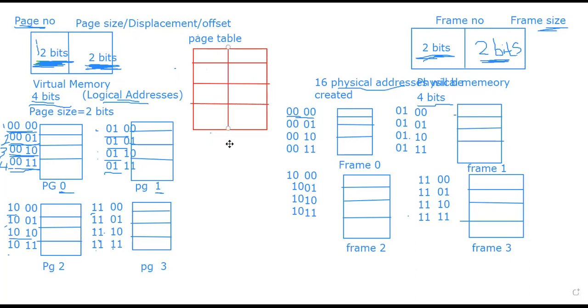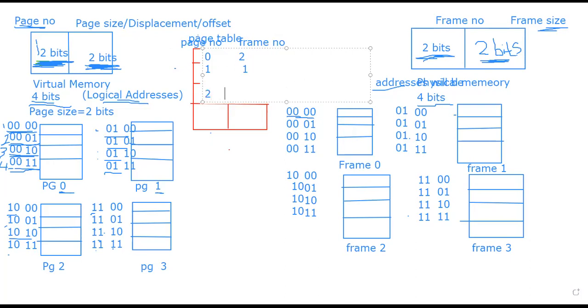Here we have the page number, and on the other side the frame number. Then we know which page number is mapped with which frame. So page 0 is mapped with frame 2, page 1 is mapped with frame 1, page 2 is mapped with frame 0, and page 3 is mapped with frame 3.